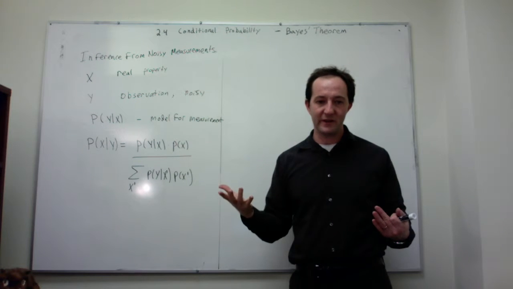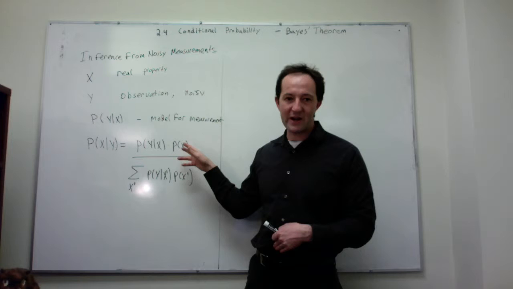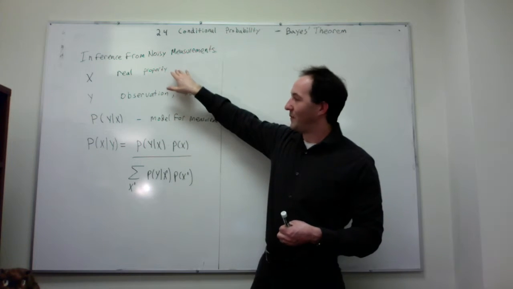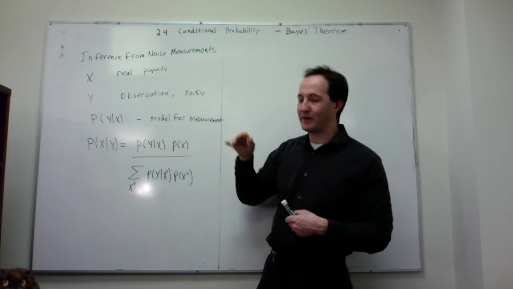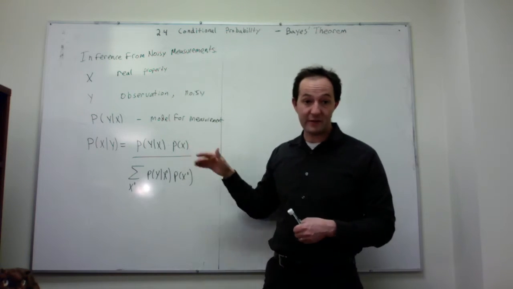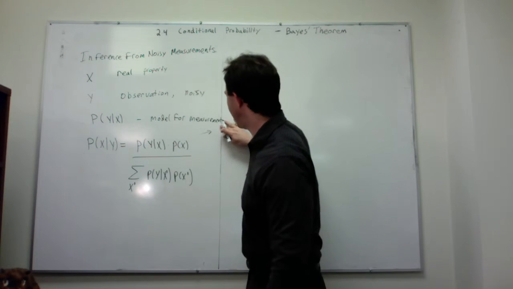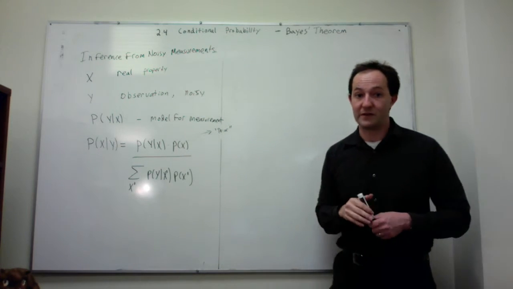This is the probability of X. So this is the prior or unconditional probability of this particular thing in the world that we're measuring having this particular value. I'm just going to introduce this notation. This is often referred to as a prior probability distribution.